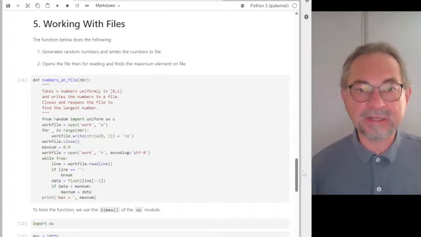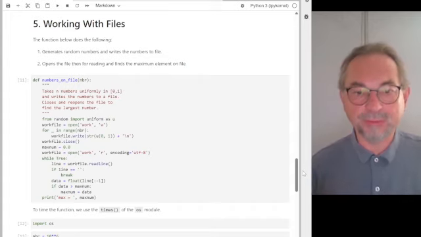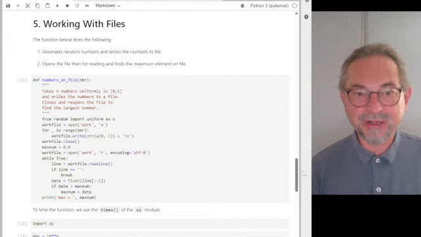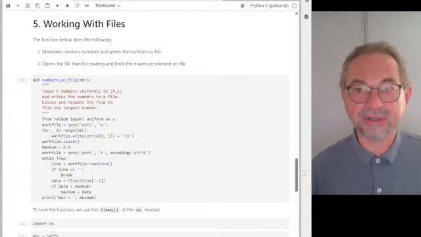Then in this case, we will also reopen the file for reading. So it is important that all the operations here are linear in the size. This is a linear cost.